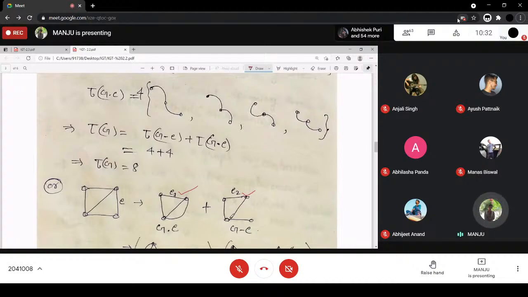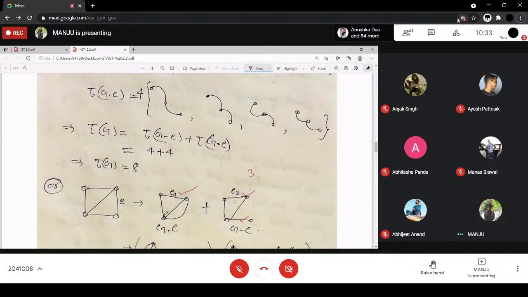See, this is a triangle, and whenever any bridge is there, that is any edge which is not present on any cycle, any cut edge, that will be present in every spanning tree. You cannot cut it, right? Otherwise the subgraph will be disconnected, and that will not form a tree, right? So this edge will be everywhere, and for this triangle, how many exist? 3, right? So 3 for this one, and how many for this one? 5.